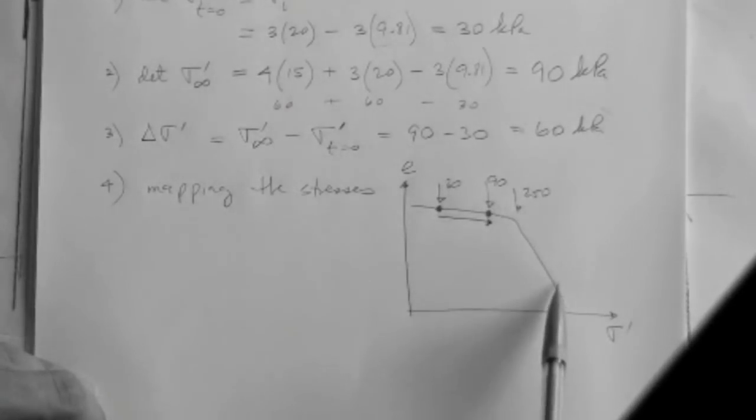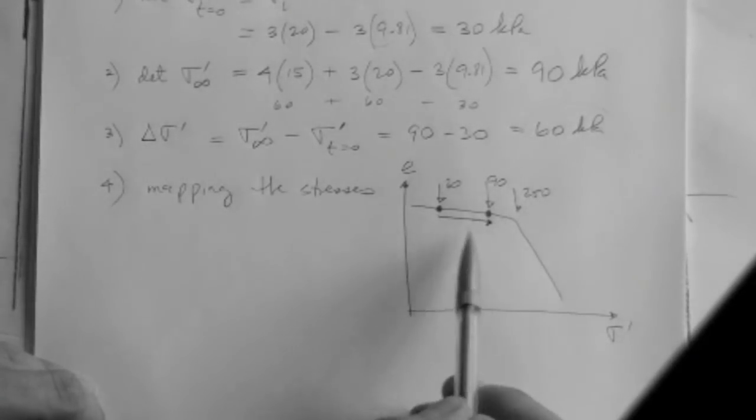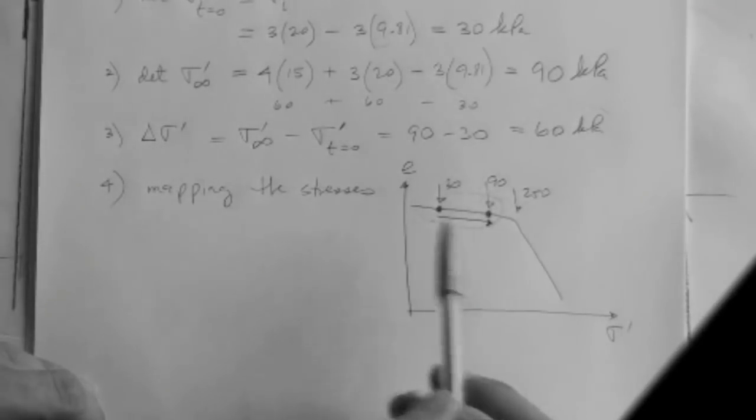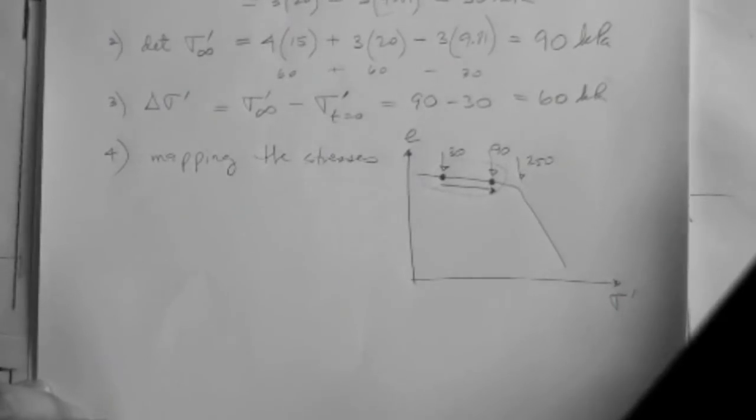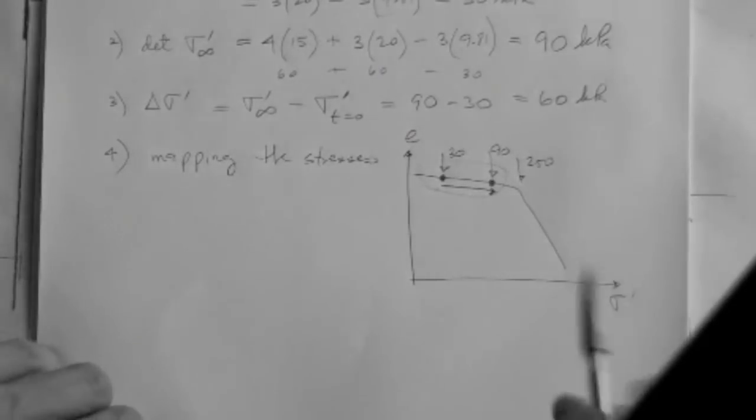Notice that this curve, like we said before, is made of two portions. The soil is going to deform along the first portion in our problem. Knowing this, we can now determine the nature of the equation that we're going to write to determine the settlement.